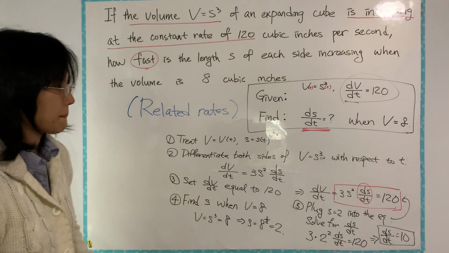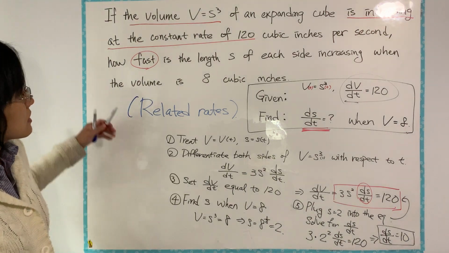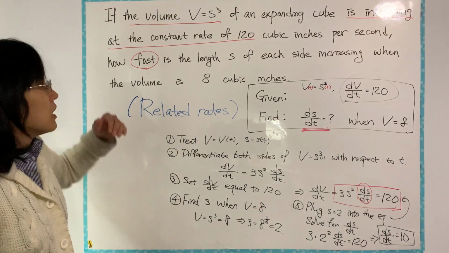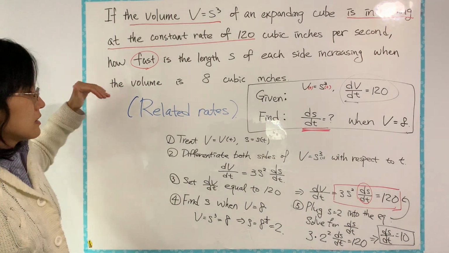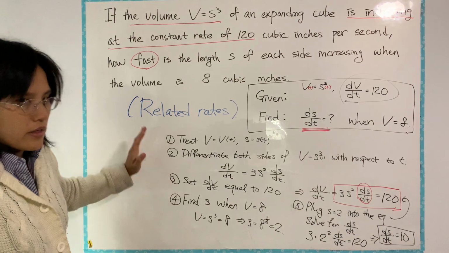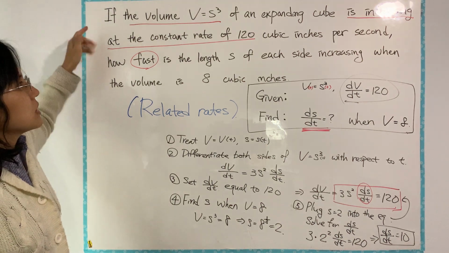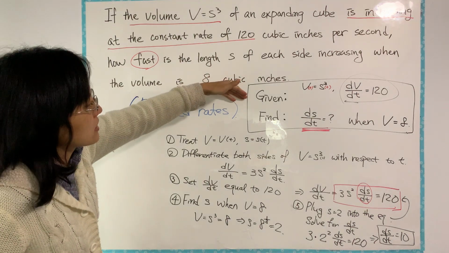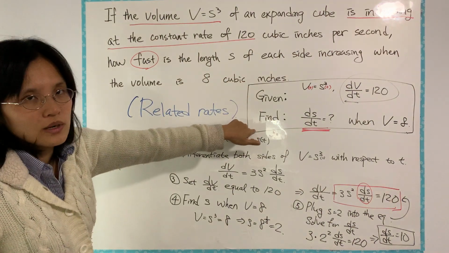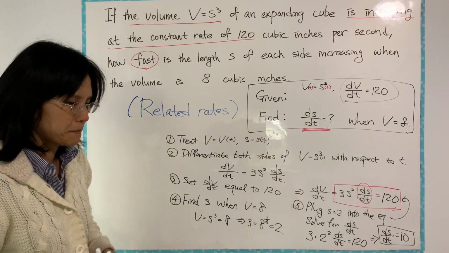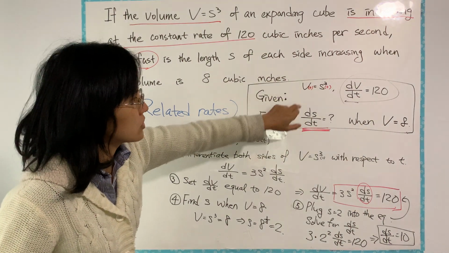So let's review this framework a little bit. Very important, never ever try to solve a problem without carefully reading the problem. When you read the problem, you try to find the structure, what is given, what you are looking for, and try to use mathematical notation.